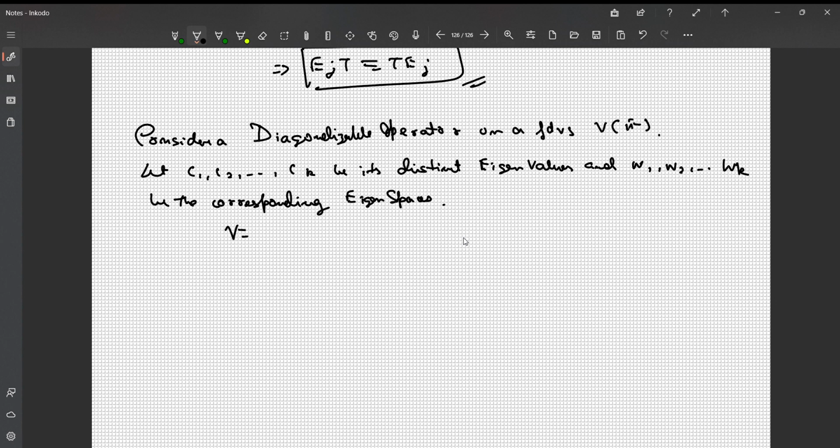We know that in such a case, V can be written as a direct sum decomposition of these eigenspaces, W1 direct sum till Wk.